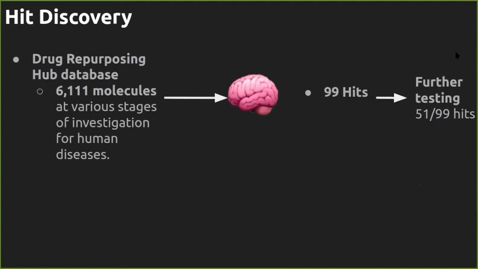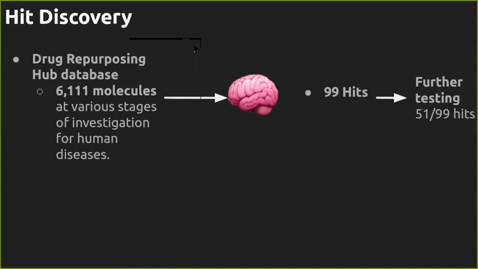Okay, so with the neural network that was trained on the E. coli dataset that the authors generated in-house, they made predictions on the drug repurposing hub database, which I mentioned earlier is a database of drugs that were some way through testing for human therapeutics, be it animal trials, clinical trials, etc. This comprises a set of just over 6,000 molecules, and once you have a trained neural network, it's quite easy and quick to make predictions on new data.